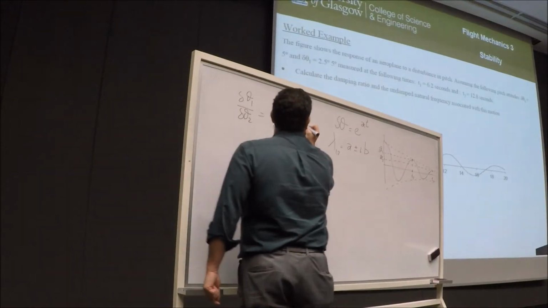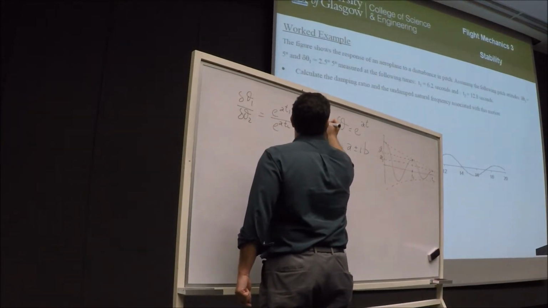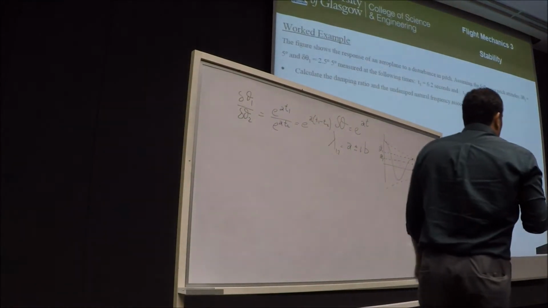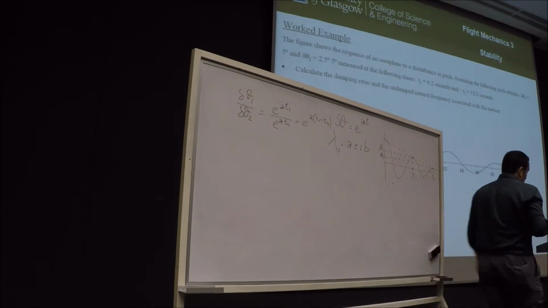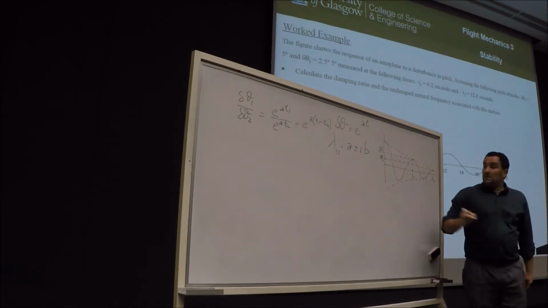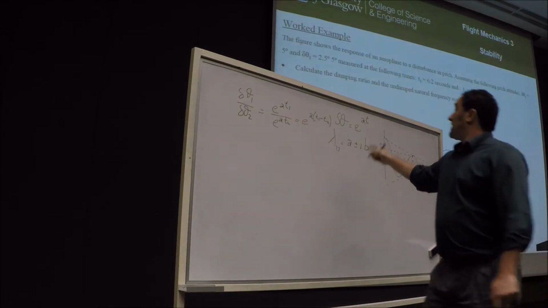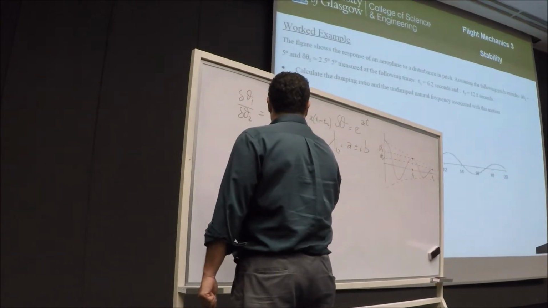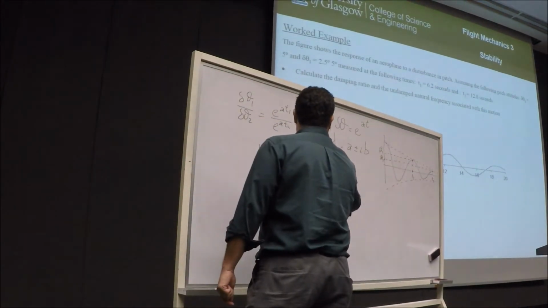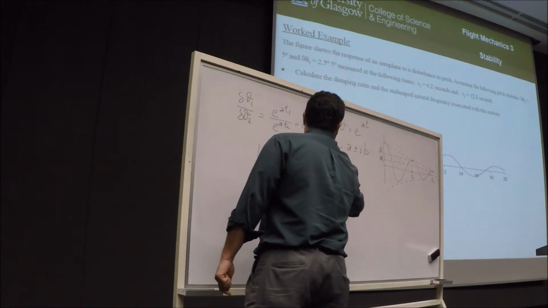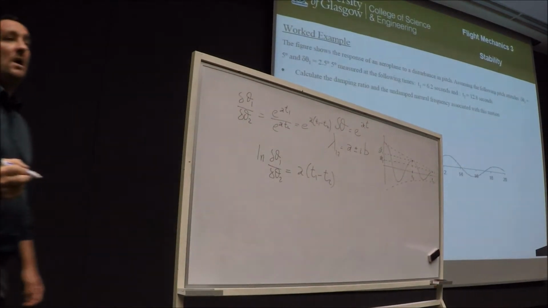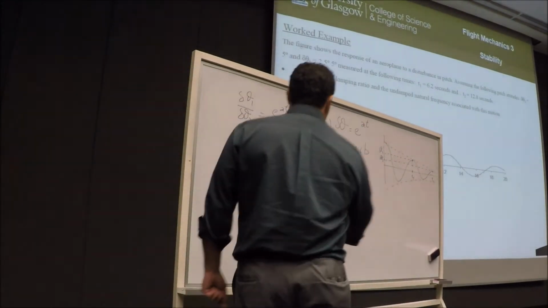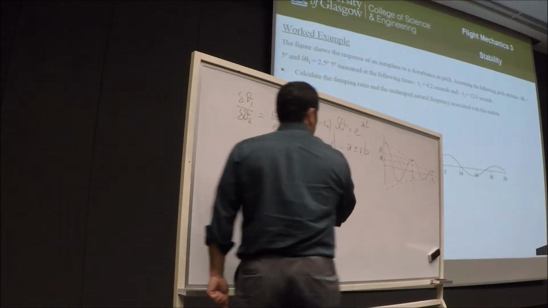And this we can write as e to the a times d1 minus d2. Now we can get rid of the exponential term so that we have the logarithm of the ratio delta d1 over delta d2 is equal to a times d1 minus d2. So the only unknown in this equation is a.